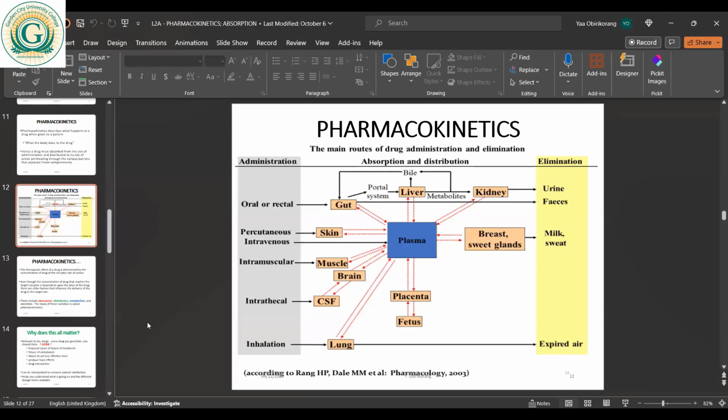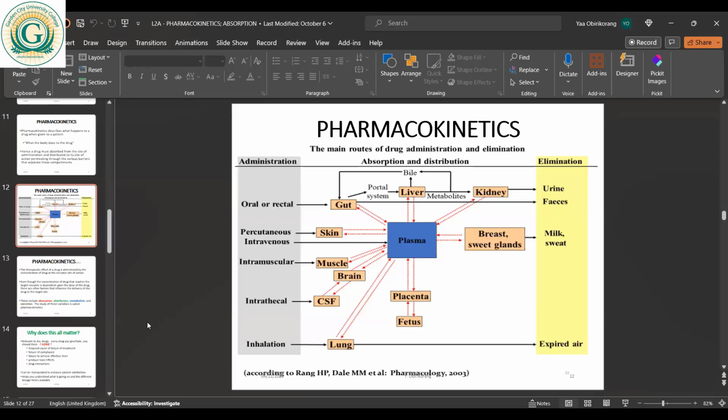But if you don't want the drug to go through the first pass effect, you want it absorbed straight into systemic circulation as fast as possible, because maybe the patient is eclamptic, then you should think of the parenteral route.